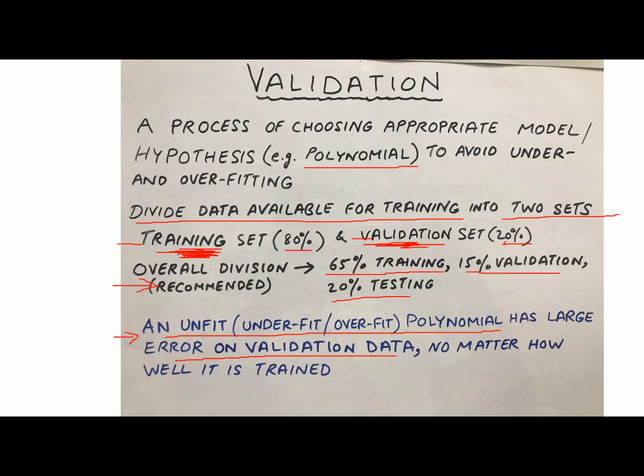But in case of validation, we are trying to evaluate different polynomials. So we are trying to see how well the polynomial of degree 1, such as a straight line, is going to work as compared to, let's say, the polynomial of degree 6. So in validation, it is about the comparison of different models that we need to fit to the data.